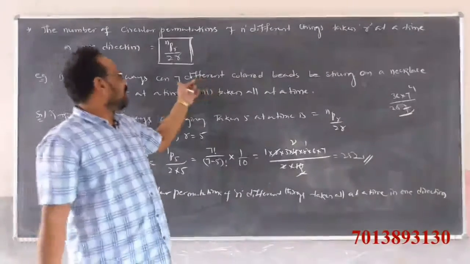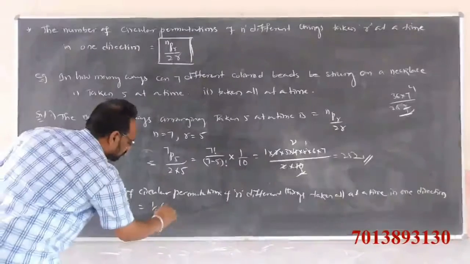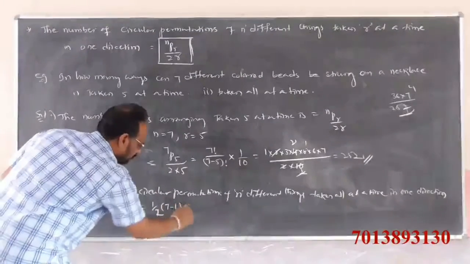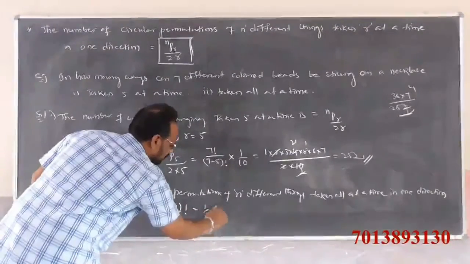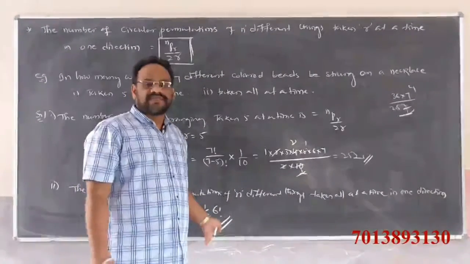Taken all at a time means n value is 7. So half of (7 minus 1) factorial, that is half of 6 factorial.